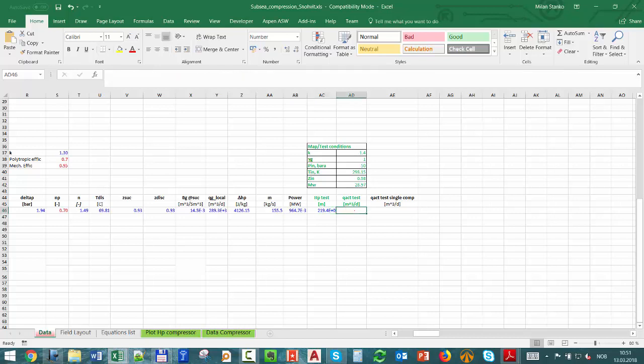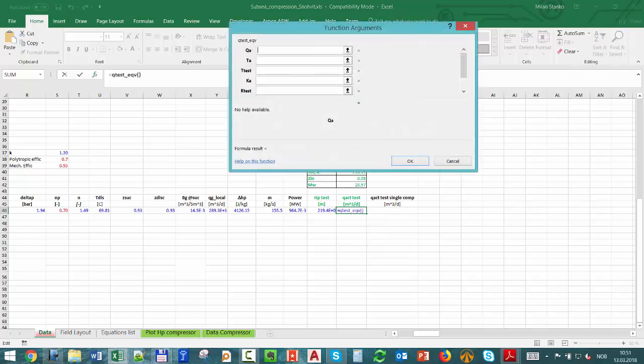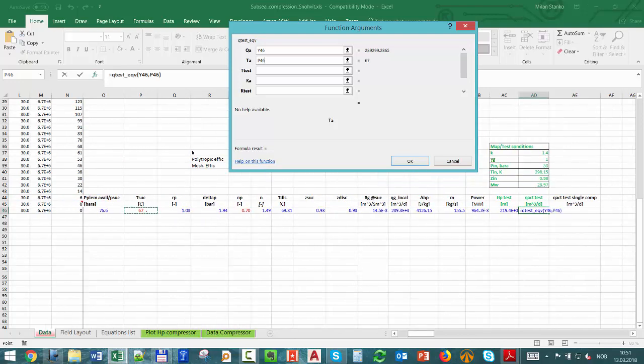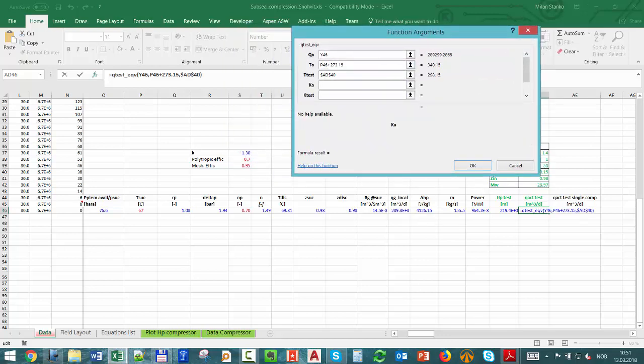Now I do the same with the rate. Just have a bit of patience. The actual rate that I have, the real rate, is this one. The temperature again at the inlet is this one plus 273.15. The temperature of the test conditions is this one, I have to block it. The K of my fluid, which is methane, is here, I block it.